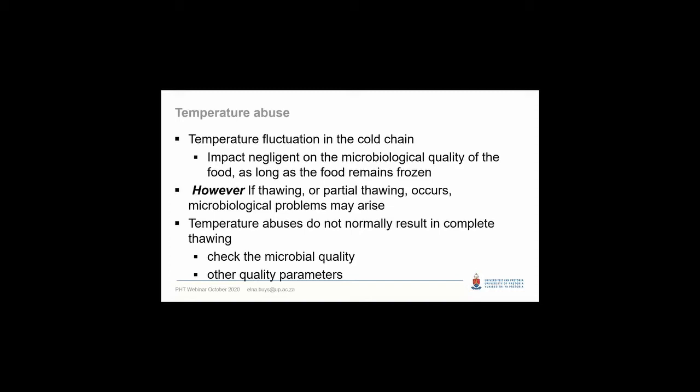However, if thawing or partial thawing occurs, you will have microbiological problems. In many cases, temperature abuses do not result in complete thawing. If this is the case, one must be careful to check the microbiological quality of the product. And of course, other quality parameters like appearance and taste need to be assessed.